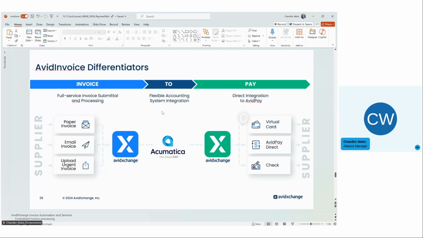In this case, it's going to be Acumatica, and then from Acumatica, we have a direct integration into AvidPay, where we're going to be able to offer the supplier these three ways of selecting payment, right? So we do give the supplier the power to choose how they want to get paid. The standard method of payment is going to be a check. But for electronic payments, we offer virtual credit card and AvidPay Direct, and those two electronic payments are going to be eligible for rebate.